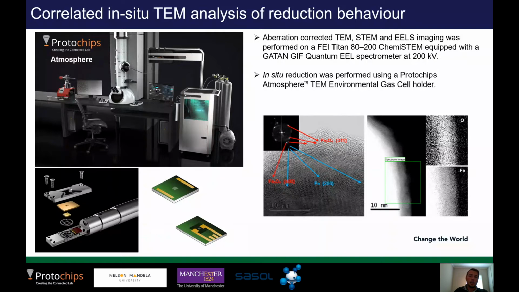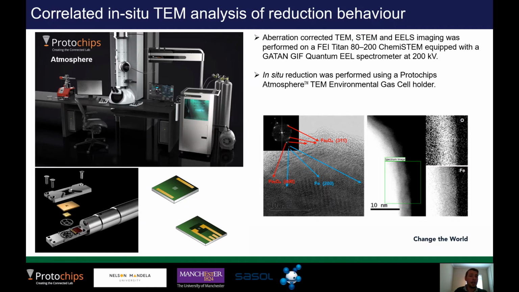To study this in a little more detail, we decided to use the aberration-corrected microscope housed at the University of Manchester in combination with a Protochips Atmosphere TEM environmental gas holder. We took the powders, dispersed and sonicated them in ethanol, and then put a very small drop on this heater MEMS chip and left it overnight to dry.